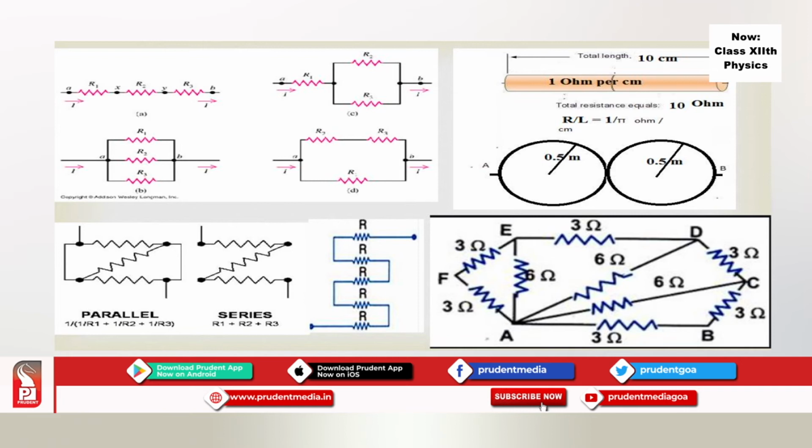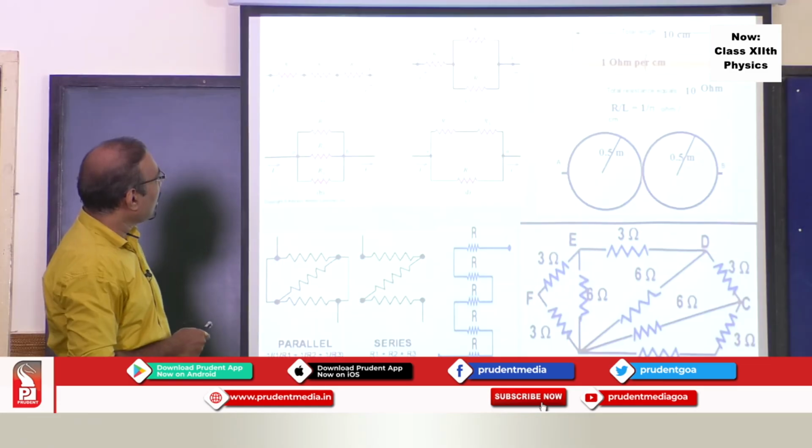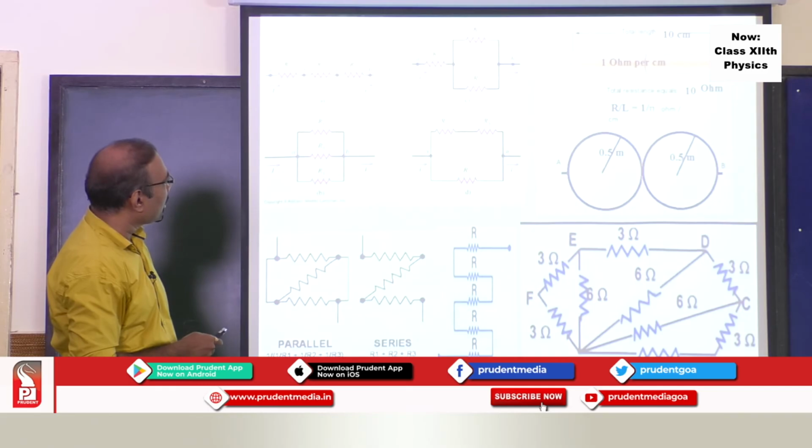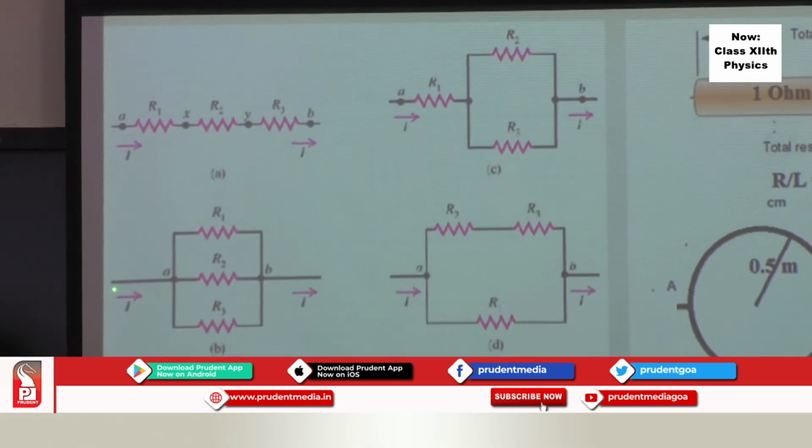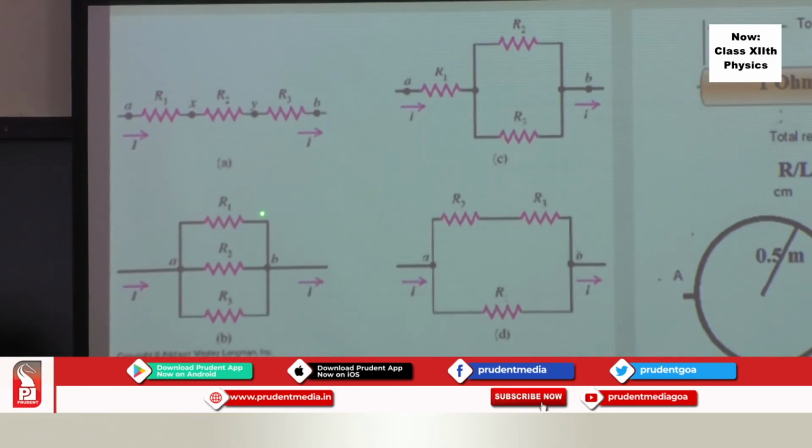So let's go through some examples. Where these resistances are connected in series, current is common. At this resistance, current is again divided into two branches. Here, all three are in parallel, so current is getting divided into three branches, and again it will meet into a main current. This current is divided into these two branches.